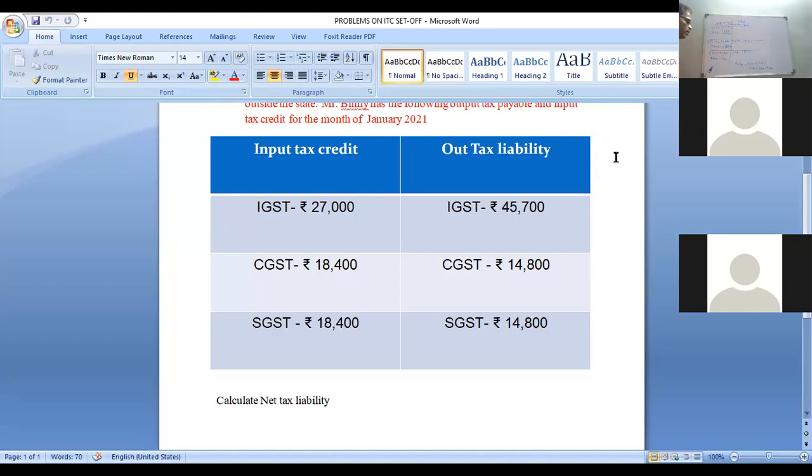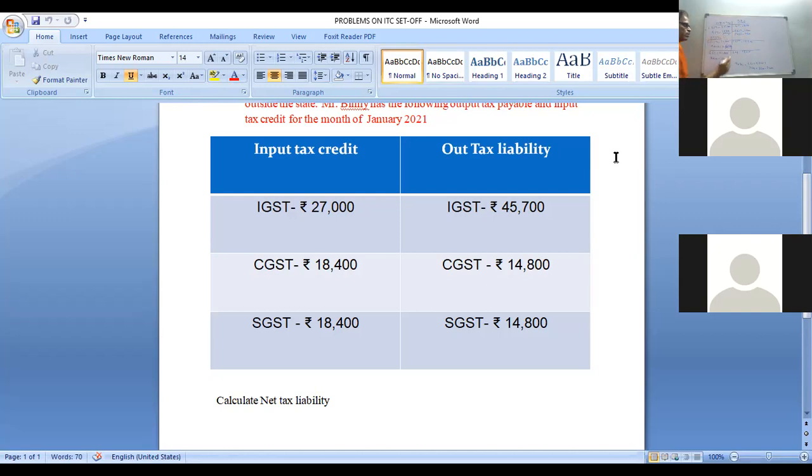What is the order of payment here for set off? First CGST. How much balance do you have? 3,600. Next, you go for SGST, 3,600. So how much is left? Balance left IGST you have to pay.